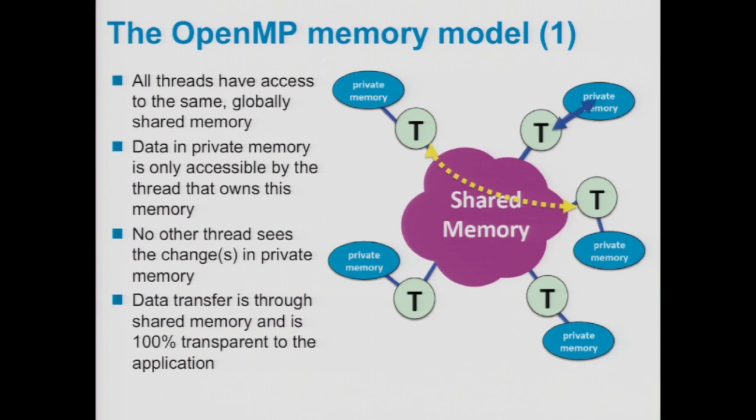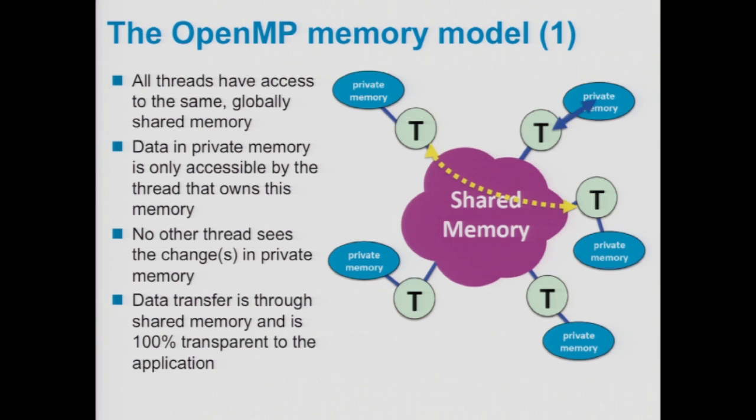It deals with this notion that there's a big pool of shared resources allocated somewhere. Those shared resources can be accessed by any thread in the system, but there are also private resources that can only be accessed by that thread.